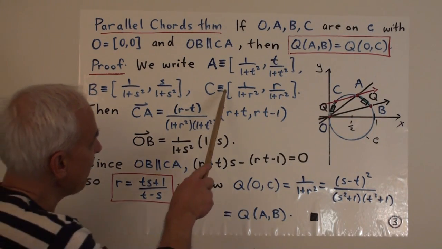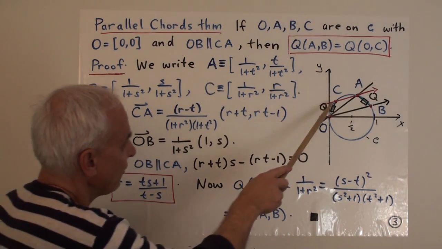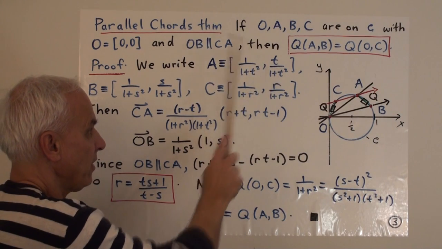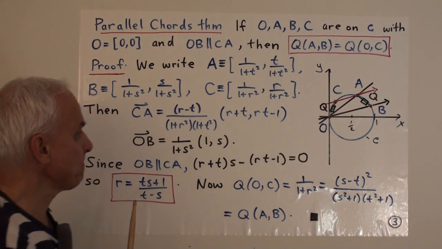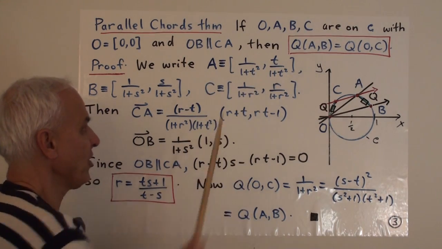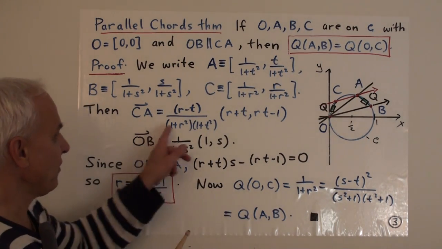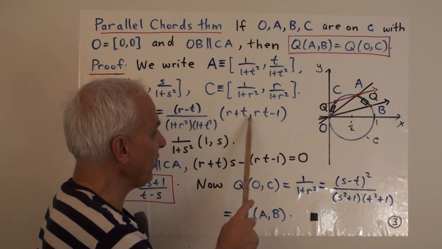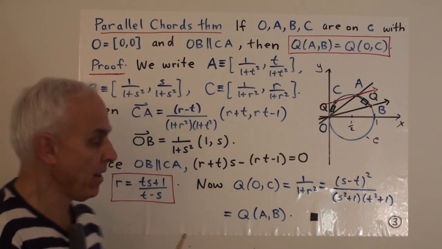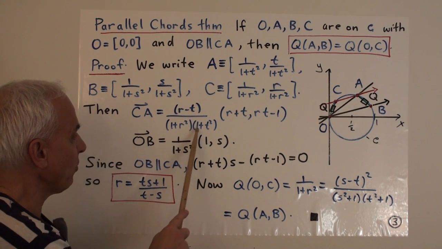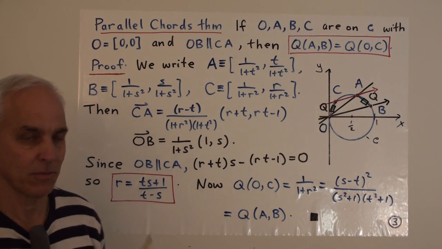Right, then the vector from C to A, this vector CA, which is the difference between this point and this point, turns out, if you take these differences and look at what they are, you can write this as a multiple of the vector (r plus t, rt minus 1). And the multiple happens to be (r minus t) over (1 plus r squared)(1 plus t squared). So please check that.